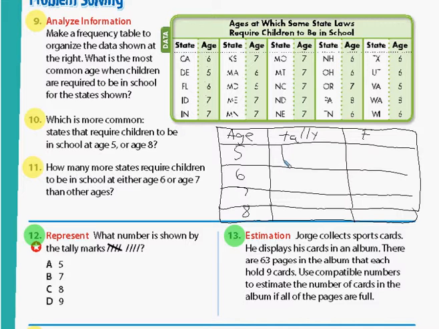Okay, question number 10. Which is more common, a state that requires children to be in school at age 5 or age 8? So you're going to look at the tally, or the frequency, whichever one you want, and figure out which is more common, 5 or 8. And question number 11. How many more states require children to be in school at either age 6 or age 7 than other ages?